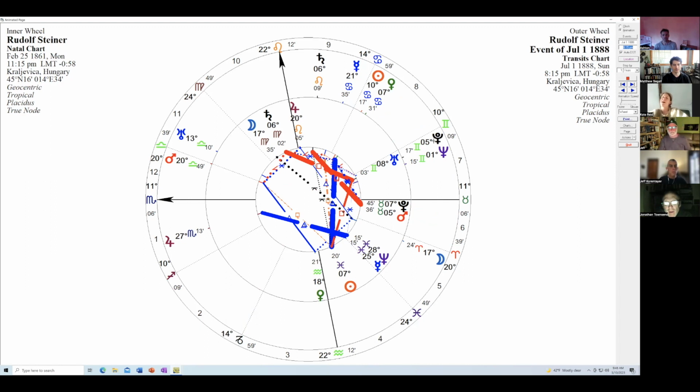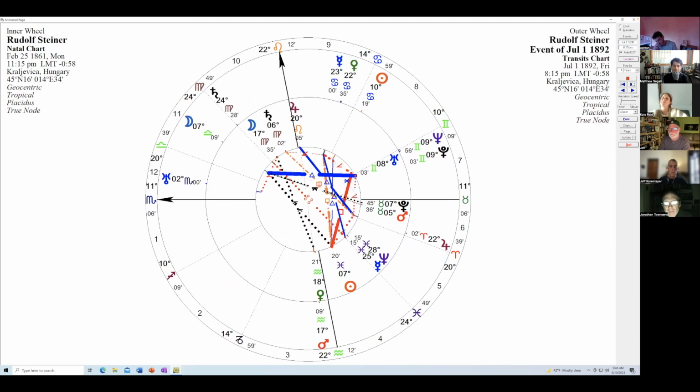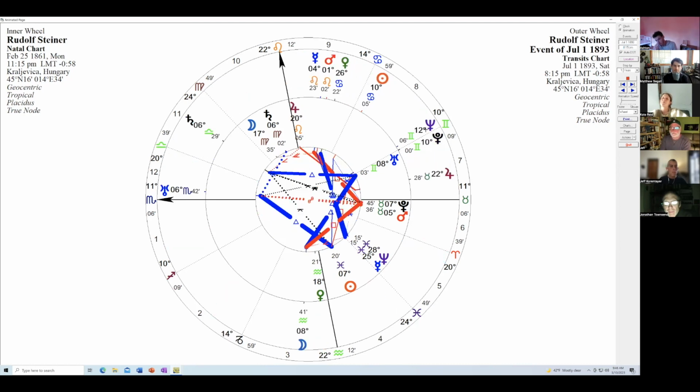So he had the same three outer planets of the axial era aligning with his natal Uranus and natal sun when he wrote his dissertation, Truth and Knowledge, and Philosophy of Freedom, which is in essence striving to recover the original principle in important ways and bring it into humanity for the individual, for the solar self, for the individual human being.